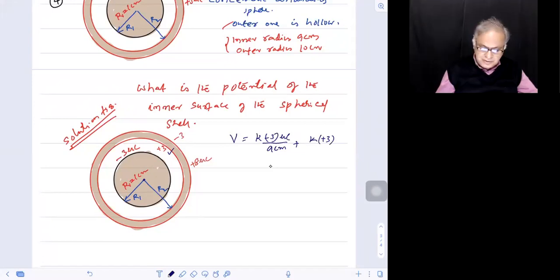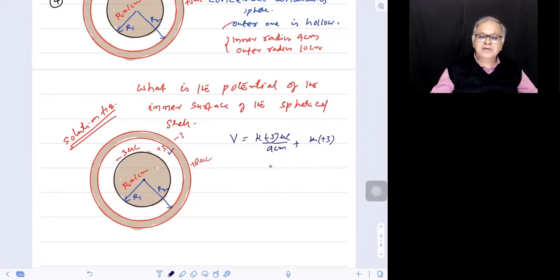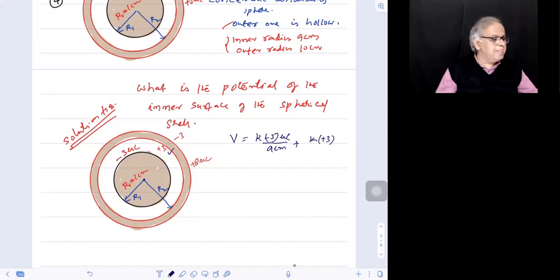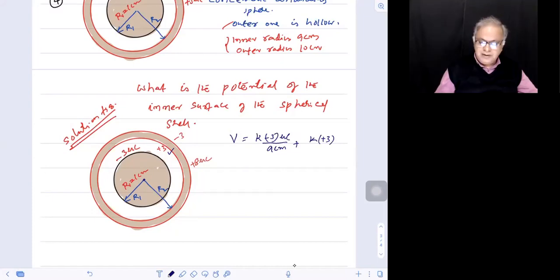The screen is stuck, sir. We can't see what you wrote now. What happened actually? I don't know. Only till the first term, the second term half we can see.